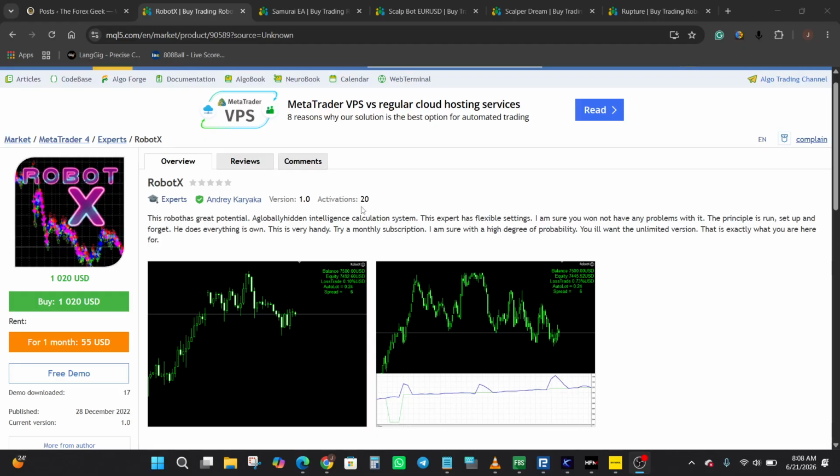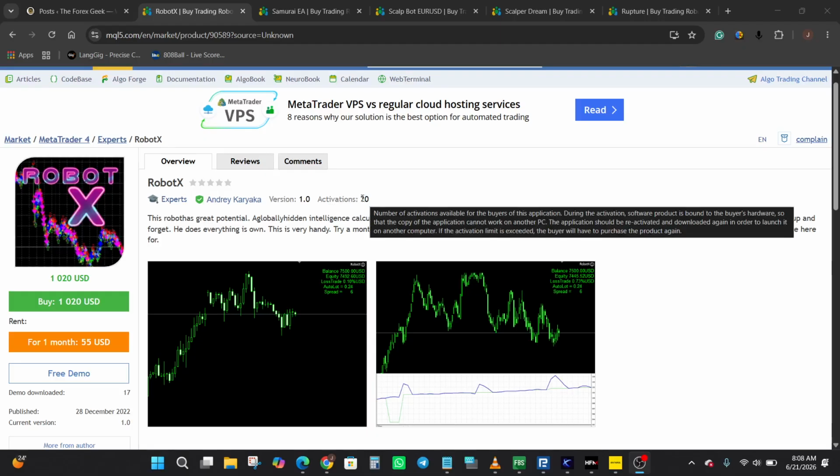Okay, for those who do not know what these activations mean, it is the number of activations available for the buyers of this application. During the activation, the software product is bound to the buyer's hardware so that the copy of the application cannot work on another PC. The application should be reactivated and downloaded again in order to launch it on another computer. If the activation limit is exceeded, the buyer will have to purchase the product again.